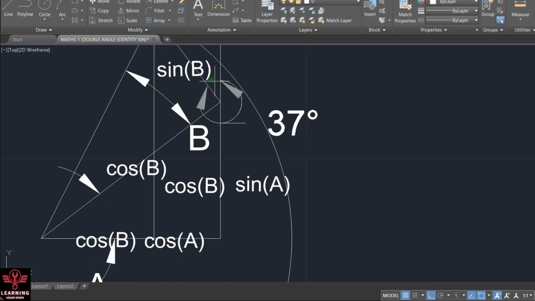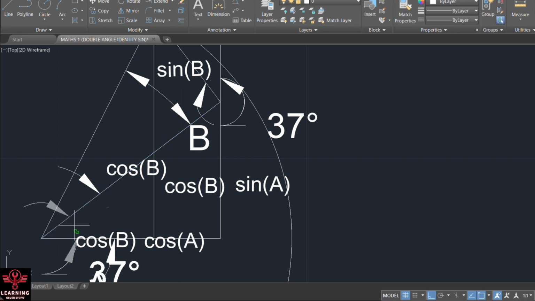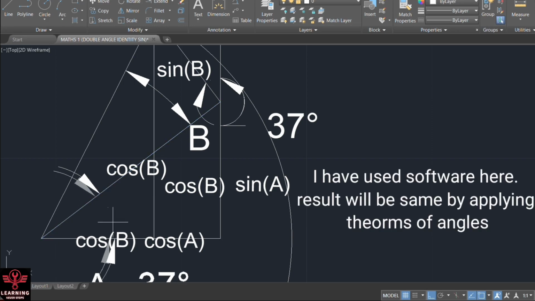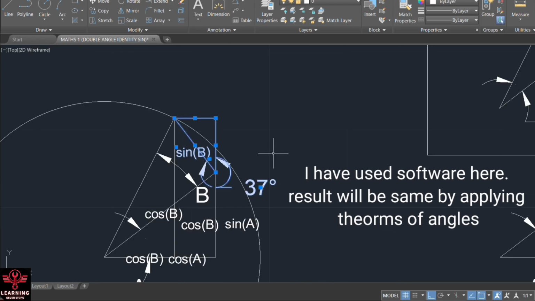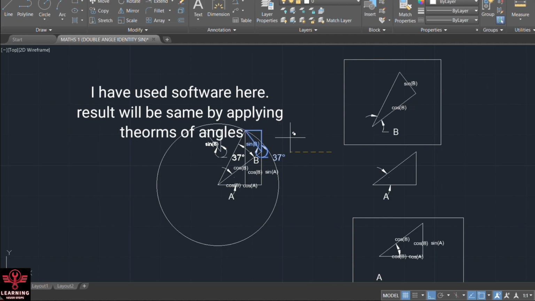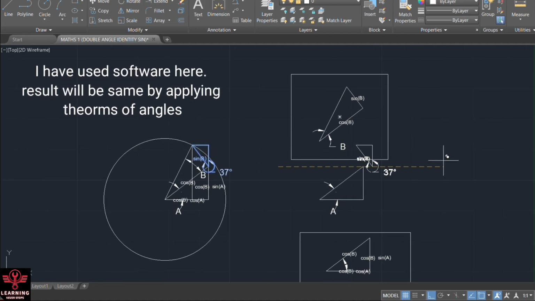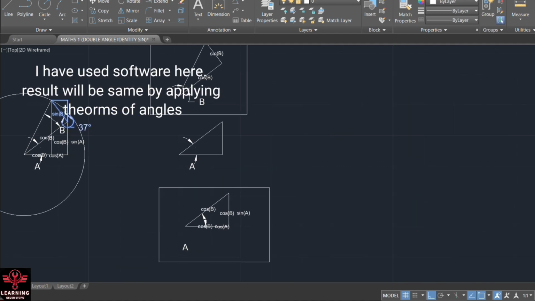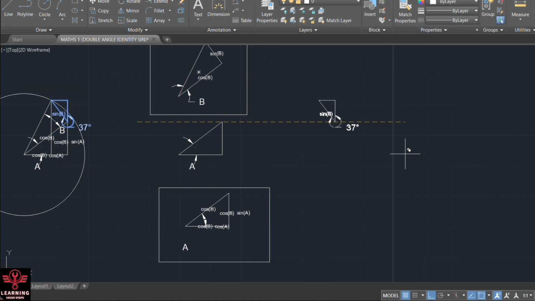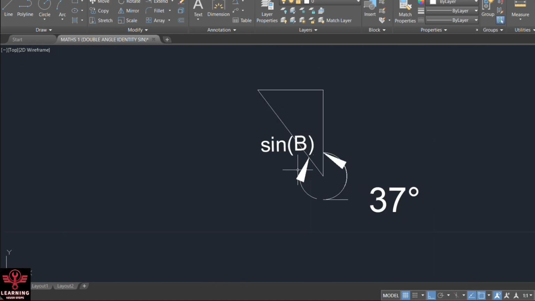So for the angle, I have the software, so I know that it is equal to the angle A. Here in our case it is 37 degrees. And eliminating this triangle too, with the hypotenuse equal to sine B and the angle 37 degrees.